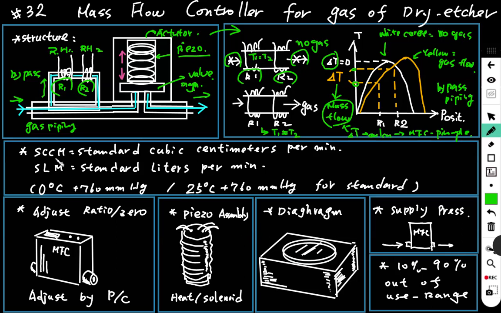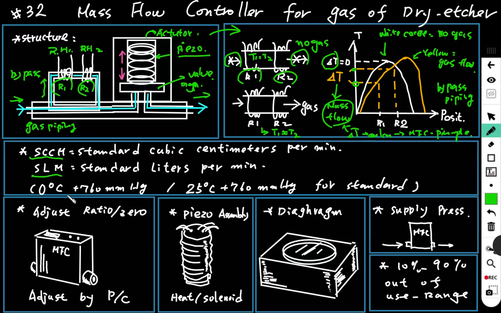Now the unit of the controller could be SCCM or SLM. SCCM is standard cubic centimeters per minute, and SLM is standard liters per minute.